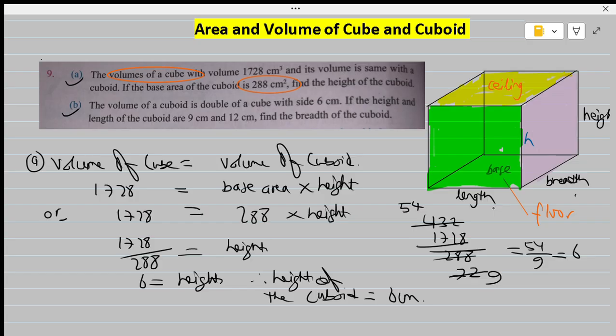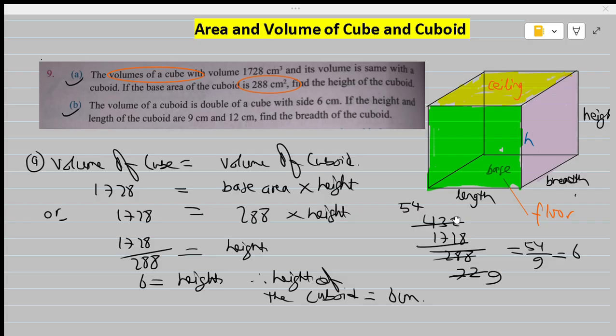The cube's side is given as 6 centimeter, so you will find the volume of the cube using L cube, so 6 cube, and double that will be the volume of the cuboid. You break it into L B H, and the length and height are given, so you can find the breadth. So you try it by yourself.